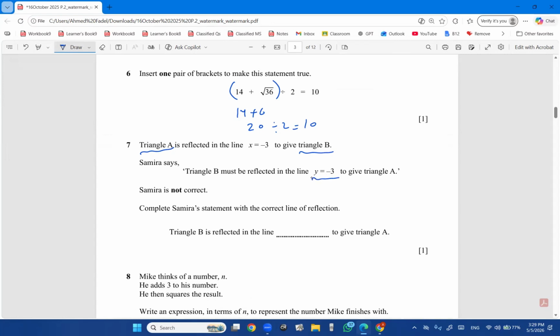Why? Definitely not. Samira is not correct. Complete Samira's statement with the correct line of reflection. Triangle B is reflected in the line what? To get back to triangle A, it is the same line, mister. The same line exactly, which is x equals negative 3. The same line is going to take me back to triangle A. It's reflection. The same middle line.